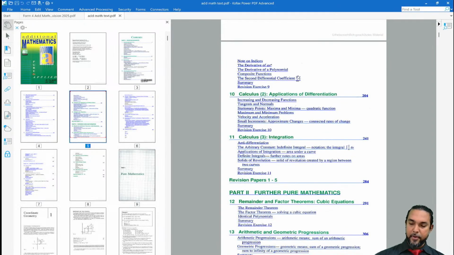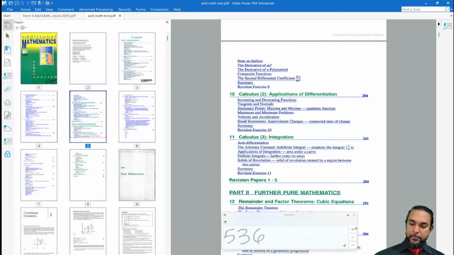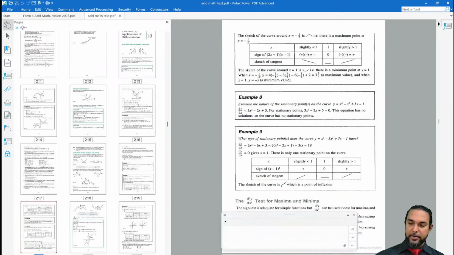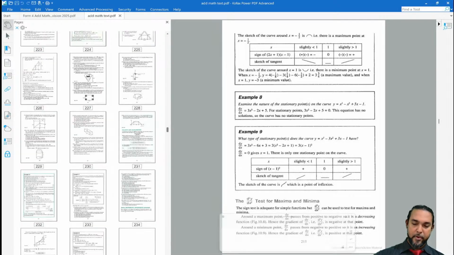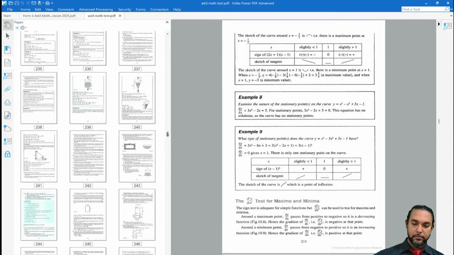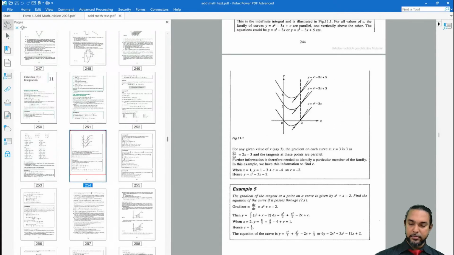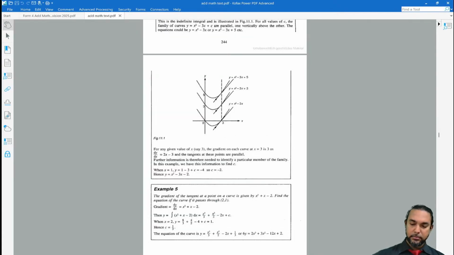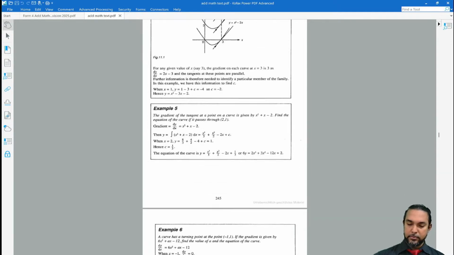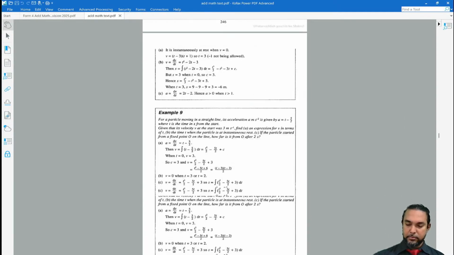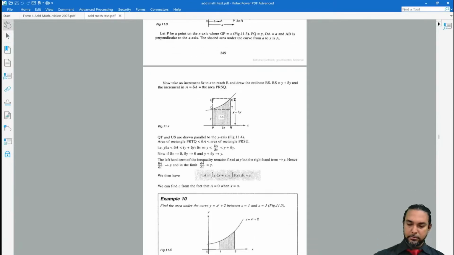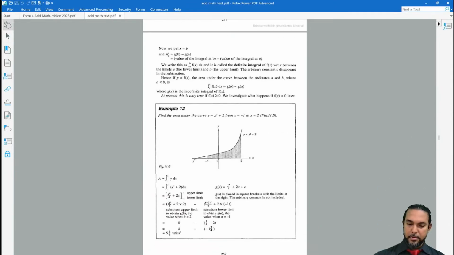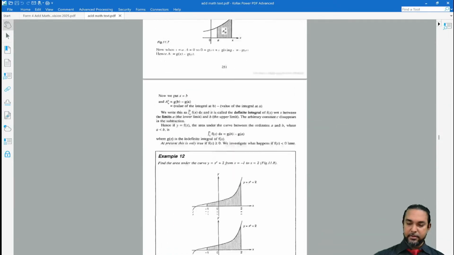It's not linked. I thought it was linked. Let's see where 220 carries us. Not far enough. Right, definite integrals. There we go.